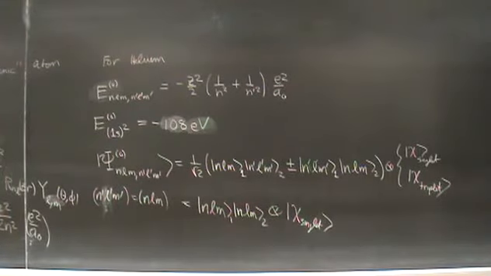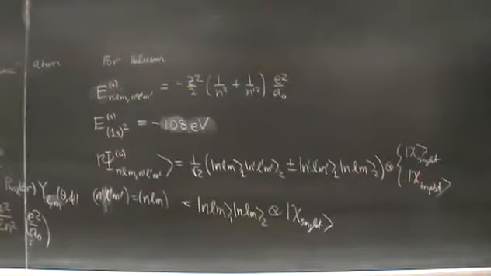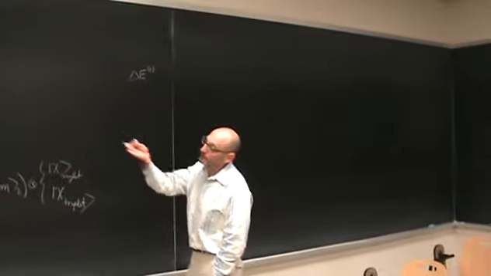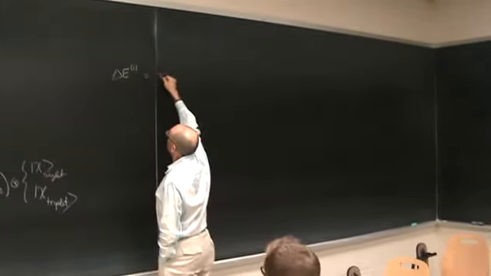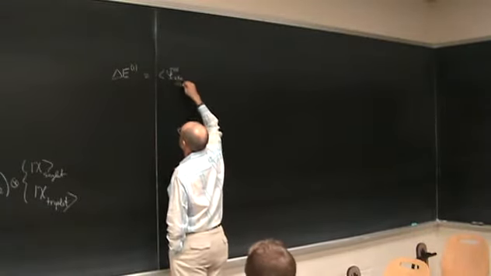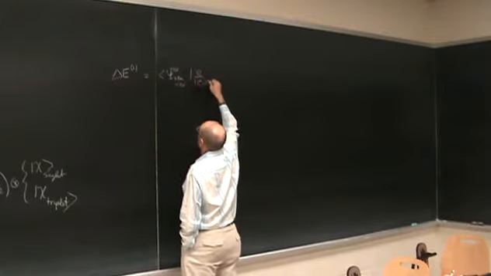So now let's look at the perturbation. First order perturbation theory tells us that the shift in the energy to first order is given by the expectation value of this.